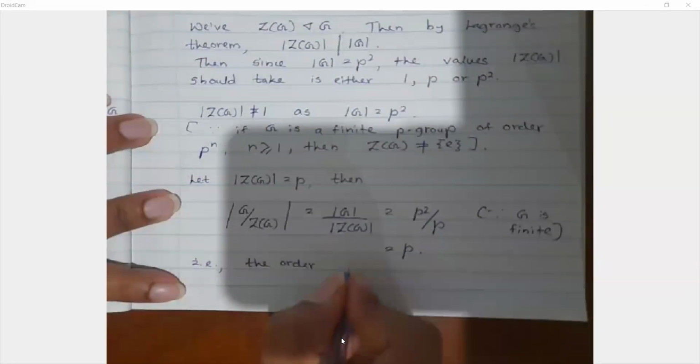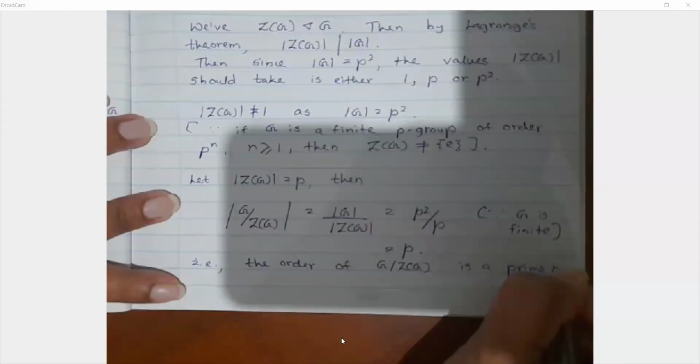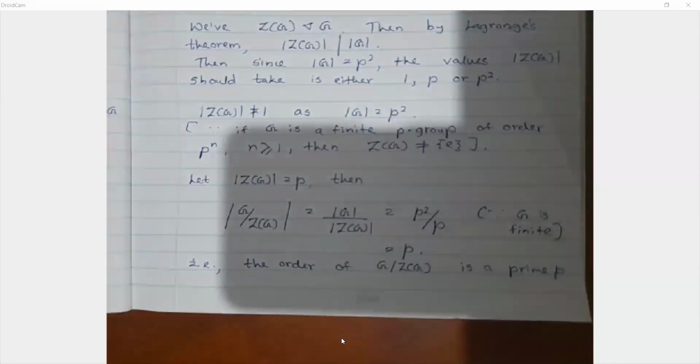The quotient is of prime order p. Then, because its order is a prime, we must have this group be cyclic. And we go to the proposition that we just finished, which tells you if G over Z of G, the quotient, is cyclic, G must be abelian, right?